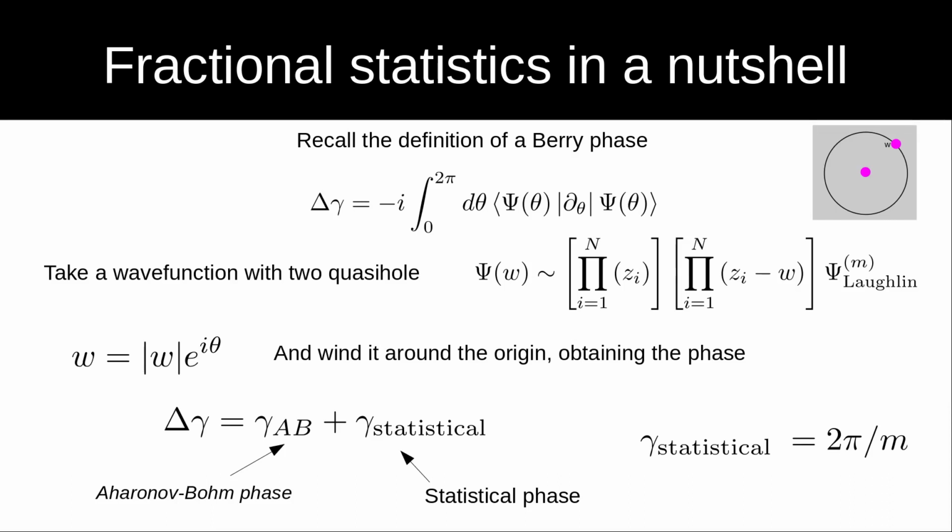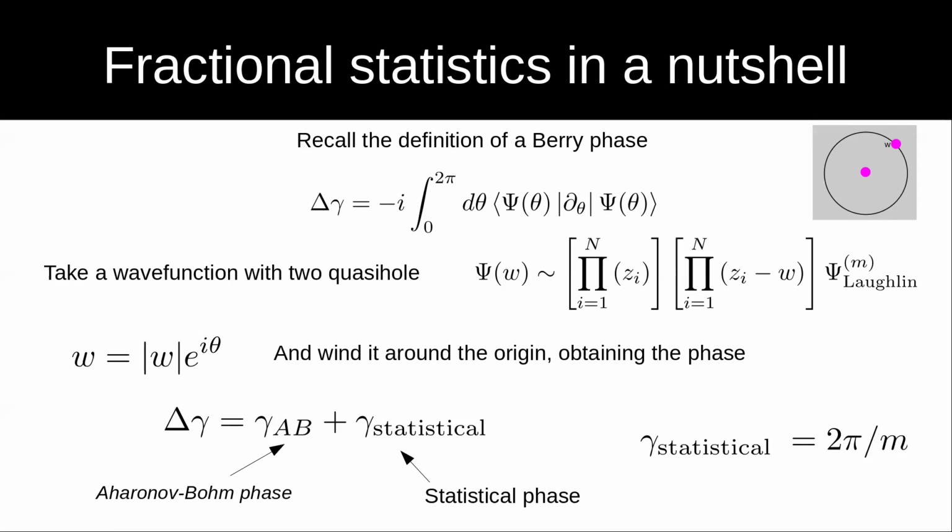And if you do the integral, what you actually obtain is that the Berry phase now has two components. One component is the Aharonov-Bohm phase, which is proportional to the enclosed flux times the charge, the same as what we observed before. And then there's another phase that is called the statistical phase. This is essentially the phase that we get from exchanging these two excitations. And this phase is actually 2π over m.